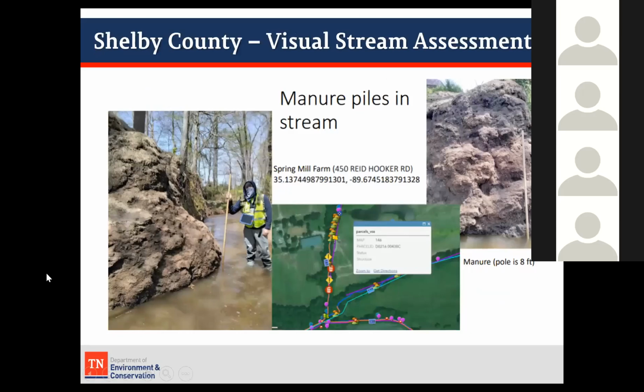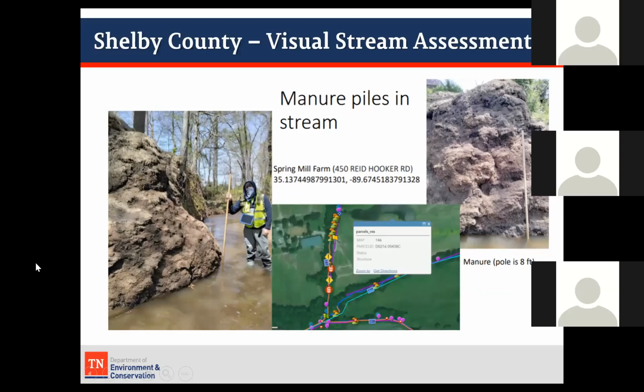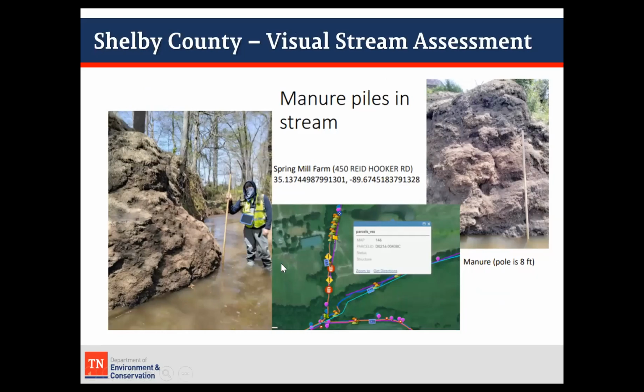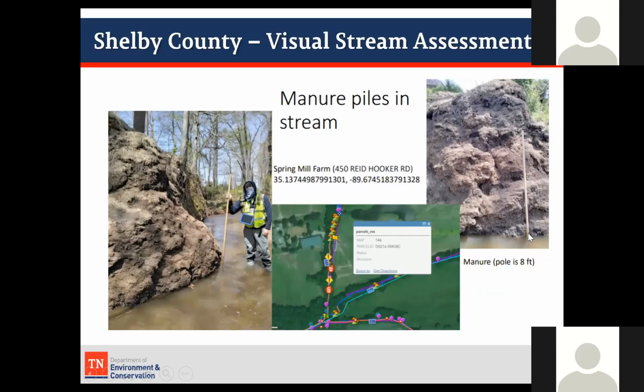Okay, so I think I have four different systems here that we have slides for to share, that we have pictures that we could share. So Shelby County, I was told, focused on visual stream assessments. And as you can see in this picture, my understanding right here is that this pole is 8 feet tall, and that this is a manure pile that was, I believe, next to a horse farm.